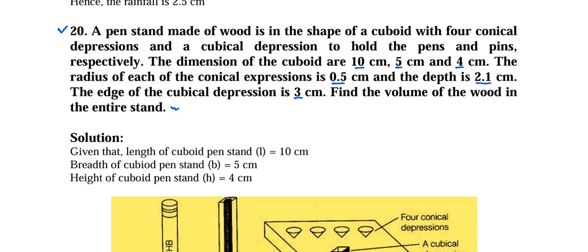Let's see the solution. From the question it is clear that the length of the cuboid pen stand, suppose this is L, is 10 centimeter. Breadth of the cuboid pen stand, B, is 5 centimeter. Height of the cuboid pen stand, H, is 4 centimeter. Let's see the figure.